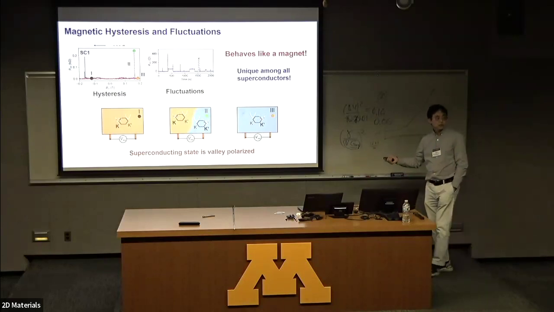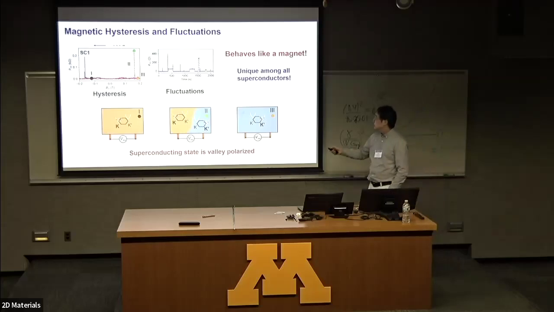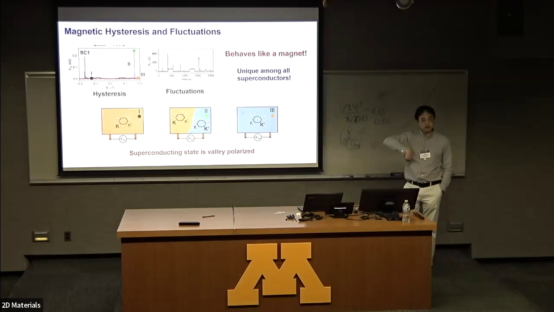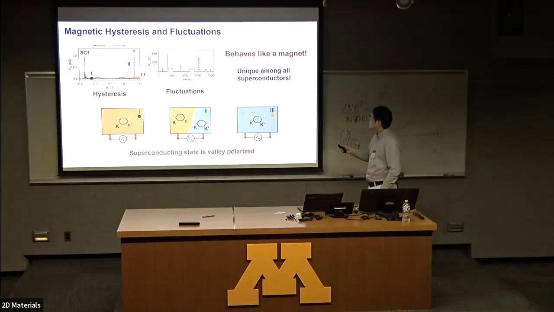But it's a superconductor. And sometimes you see this temporal fluctuation of resistance, which may be associated with a random flipping of the direction. And this is a unique observation. We think this is related to you have superconducting domains polarized in the K valley or K prime valley. And when you have a domain wall between them, you detect a finite resistance.